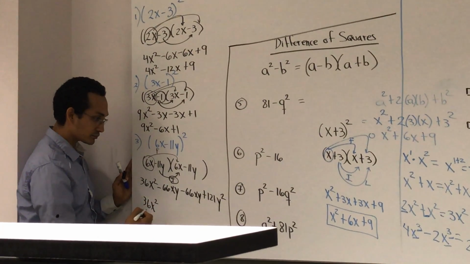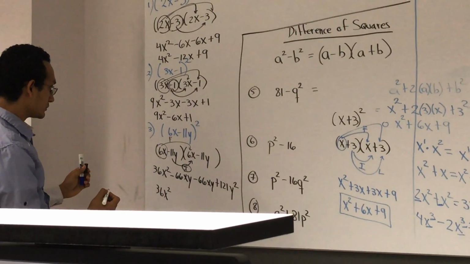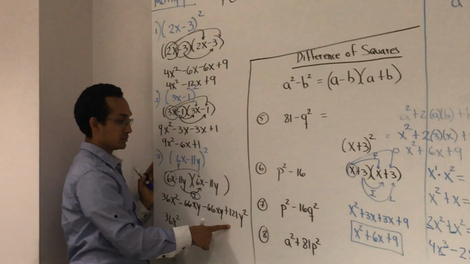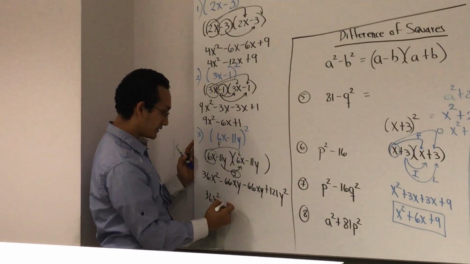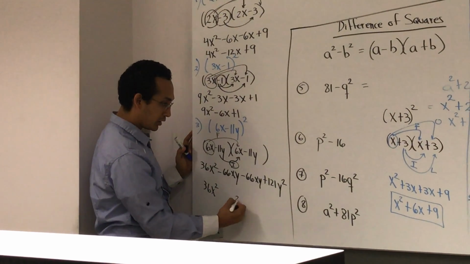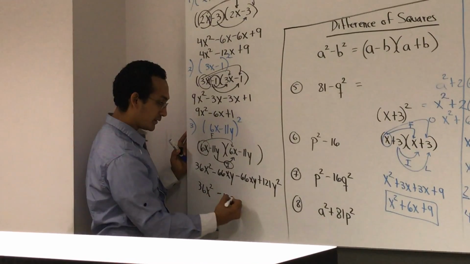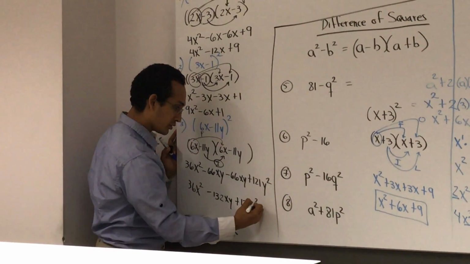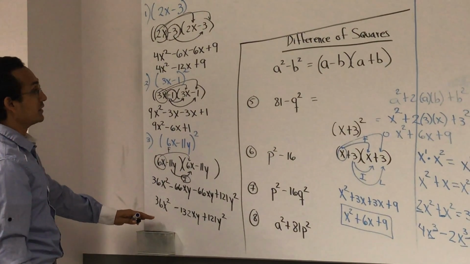Isn't that 111y? Not 121y? 11 times 11, yeah, 121. Is it? Okay. So 66 and 66, 6 and 6 is 12, 12, 13, 132, negative 132xy plus 121y squared. Okay, so that covers that portion.